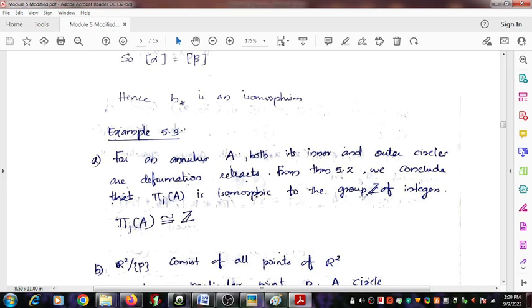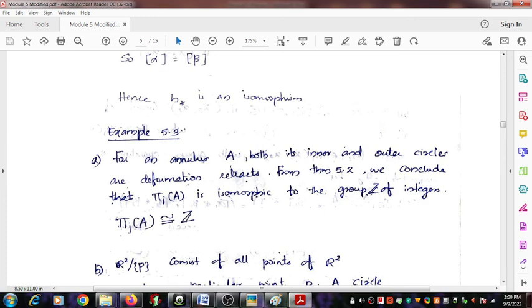to the fundamental group of any one of these retracts. The annulus taken here has two boundaries, and these two boundaries can separately act as the deformation retract.